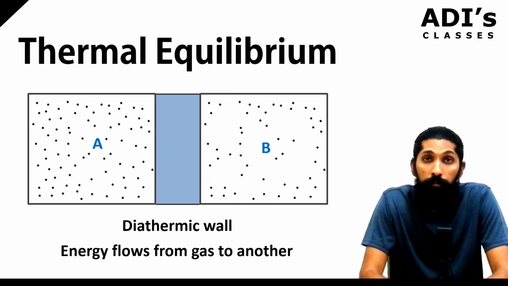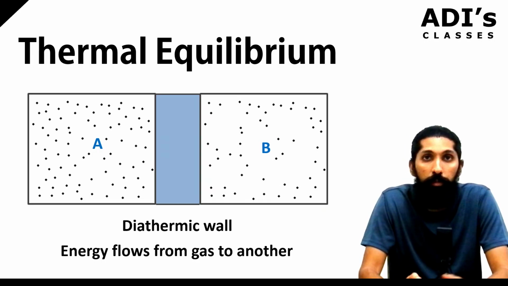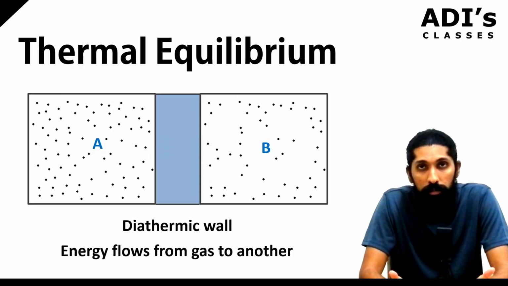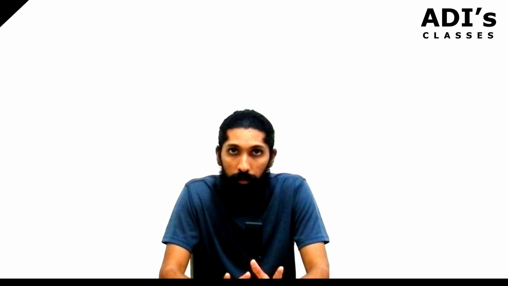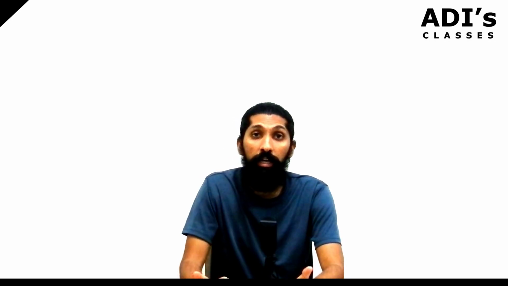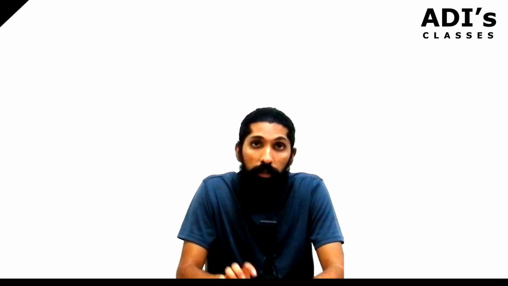Since they come to the same temperature, we say that there is thermal equilibrium between the two thermodynamic systems. More than bodies, thermodynamic system is the correct word to use. Whenever we talk about thermal equilibrium, we generally use a diathermic wall, because here energy will flow from one system to another. So this is what we call thermal equilibrium.